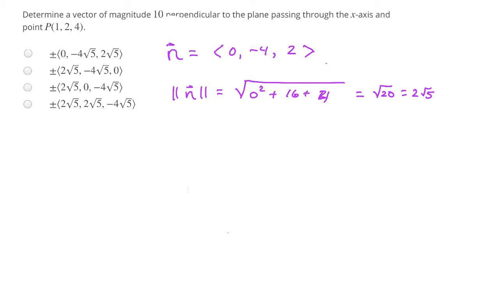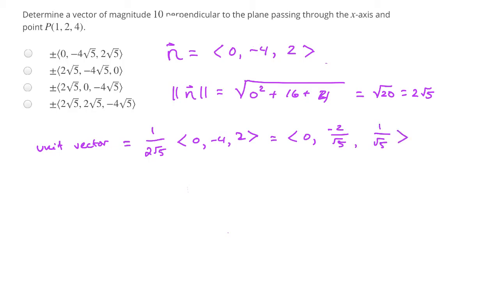For our unit vector, we divide by the length of this vector, so we have 1 over 2 root 5 times the vector (0, -4, 2), which gives us the vector (0, -2 over root 5, 1 over root 5).